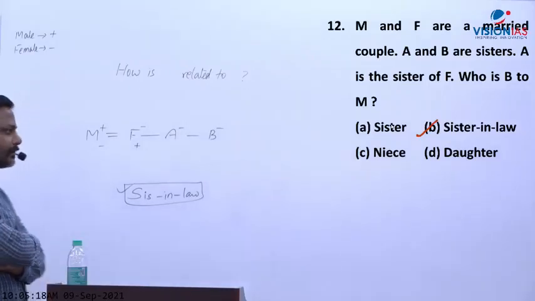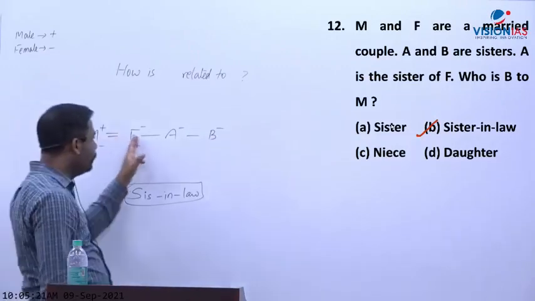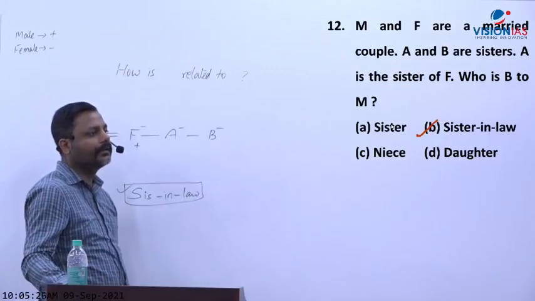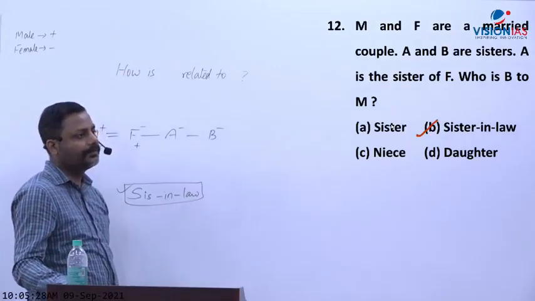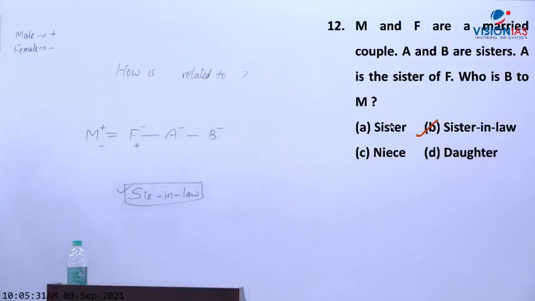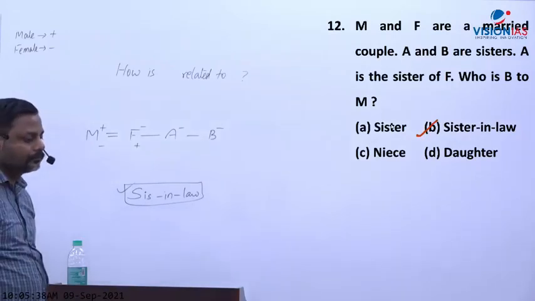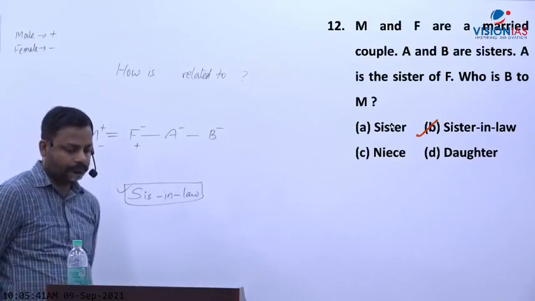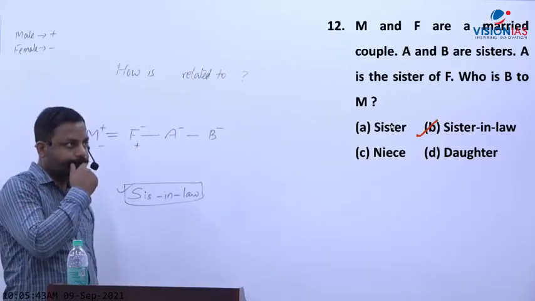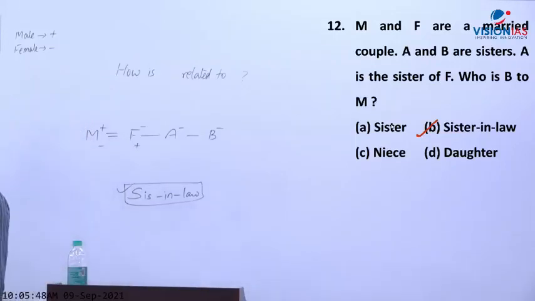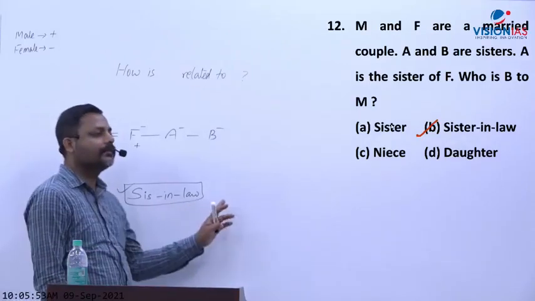When we consider M male and F female, the answer is the same, and when M is female and F male, again the answer is sister-in-law. So in both the cases we get the same answer, and that's why we will consider this as the correct option.